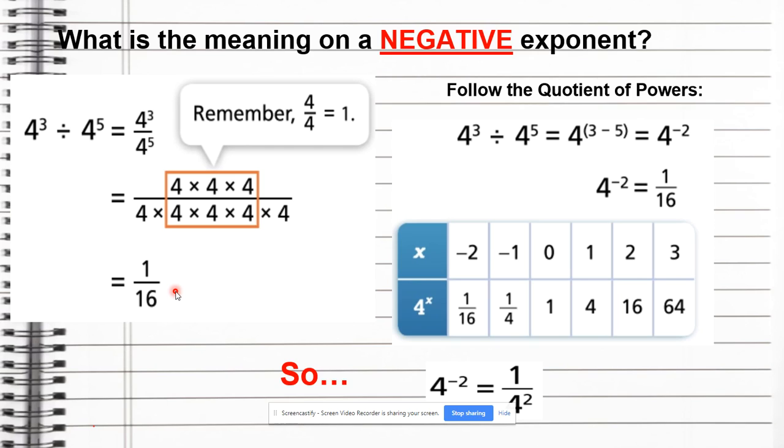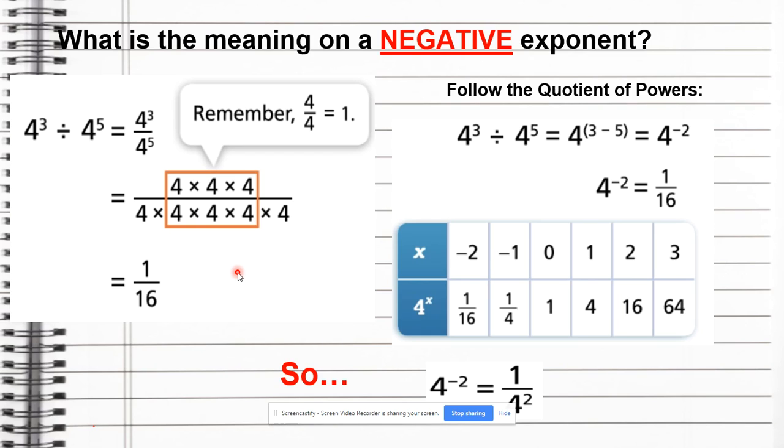Now, I can see here that I have 4 to the 3rd. That's 4 times 4 times 4. 4 is multiplied 3 times. And I have 4 to the 5th, which is 4 times 4 times 4 times 4 times 4. 4 multiplied 5 times. Now, I'm showing you this because I want you to understand conceptually what that looks like when we're breaking that down and trying to get that negative exponent.